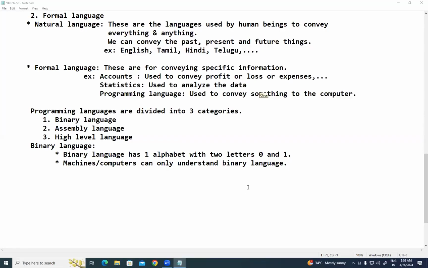Am I clear? Yes, sir. Thank you. Joined with the name HVM, have you understood? Yes, sir. Thank you. Joined with the name Kania Patil, have you understood my session so far?